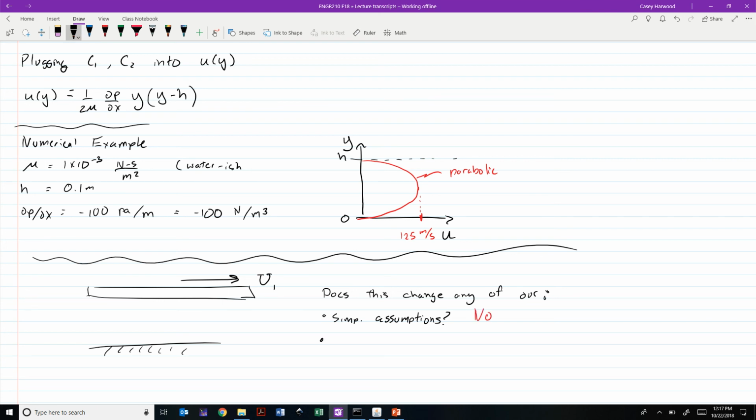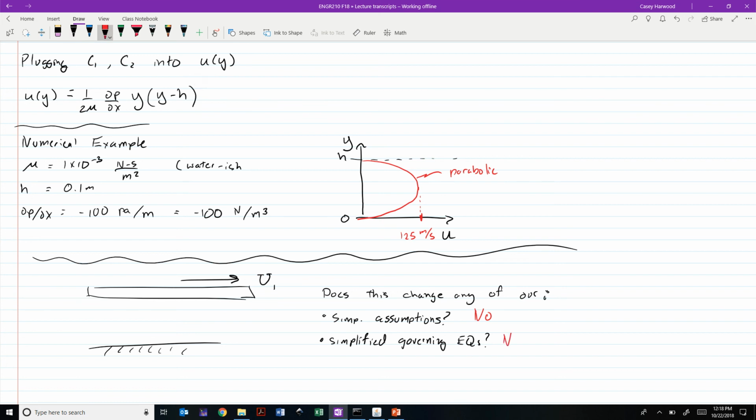So does it change any of our simplifications or simplified governing equations? Any of the cancellations that we made to the Navier-Stokes equations? Well, if it doesn't change any of our assumptions, we should be able to make all of the same cancellations based on exactly the same justifications.